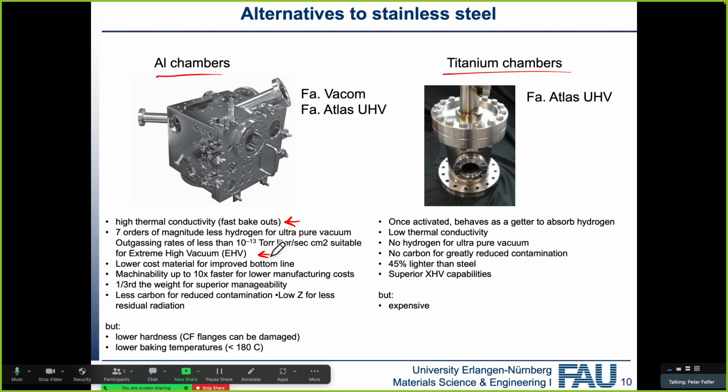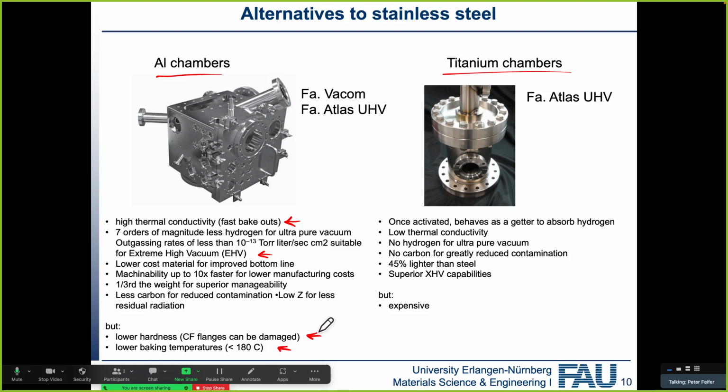And we have 7 orders of magnitude less hydrogen permeability, which gives us a really good clean vacuum. But the problem, and the reason why we don't usually use it all that much, is that baking temperatures are limited, because it's precipitation hardened aluminium, 6061 very often, and so the baking temperature is limited.